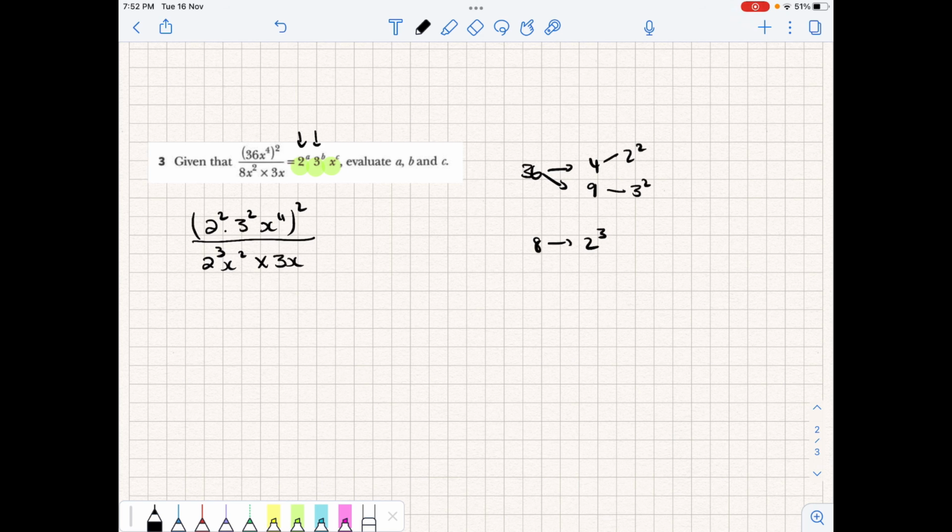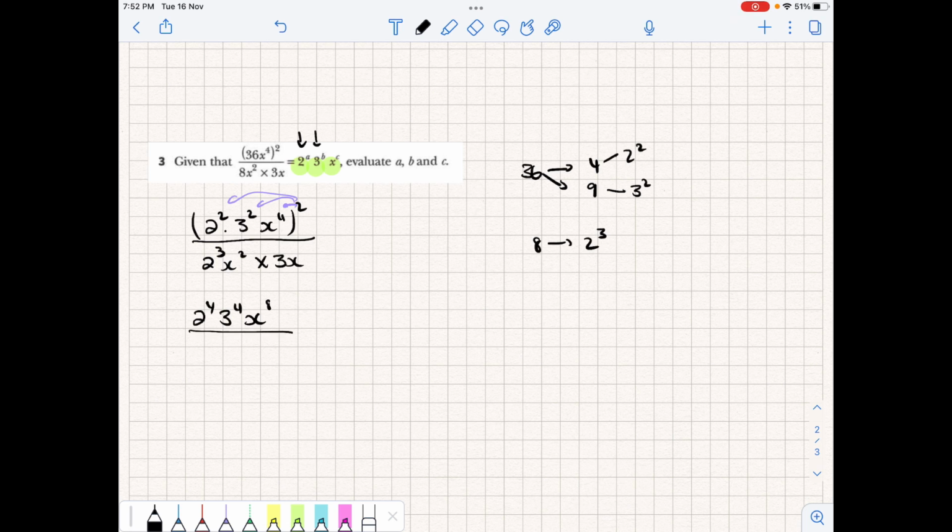Right, now I need to expand out. We have an exponent raised in a bracket, so we need to simplify that first. So we have 2 squared raised to the power of 2. We multiply the exponents, we'll get 4. 3 squared, same thing, we'll get 3 to the power of 4. Then we'll get x to the power of 4 raised to the power of 2, so we multiply and we'll get 8.